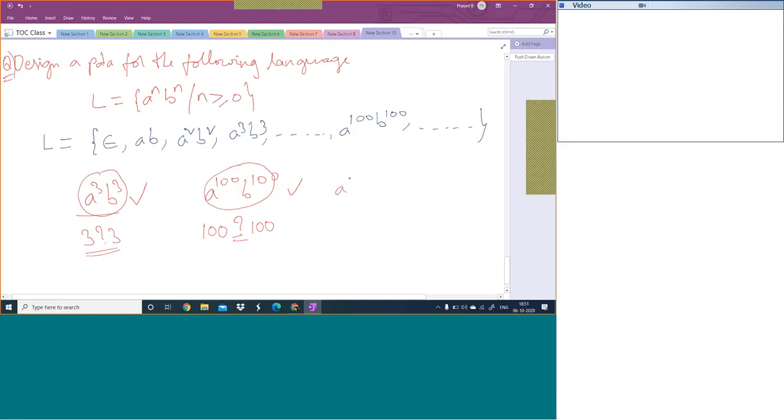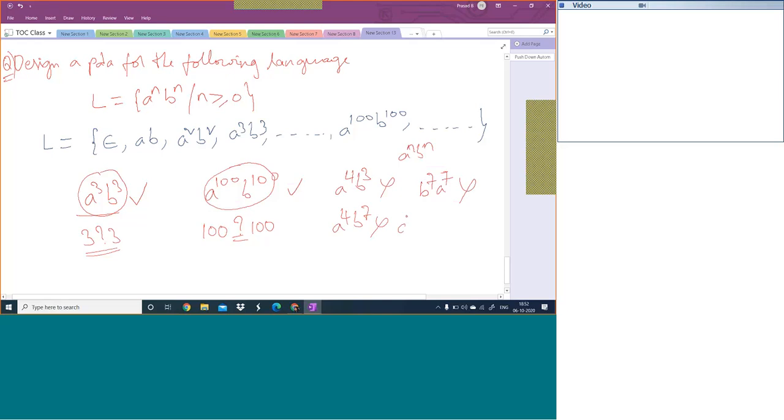At the same time, if the string is invalid, it will be rejected. If A's are more, it will be rejected. If B's are more, it will be rejected. Suppose A's and B's are equal, see, b power 7, a power 7. This also will be rejected because of the order. What is the order? Order is a power n followed by b power n. This is an invalid order, so this will be rejected.